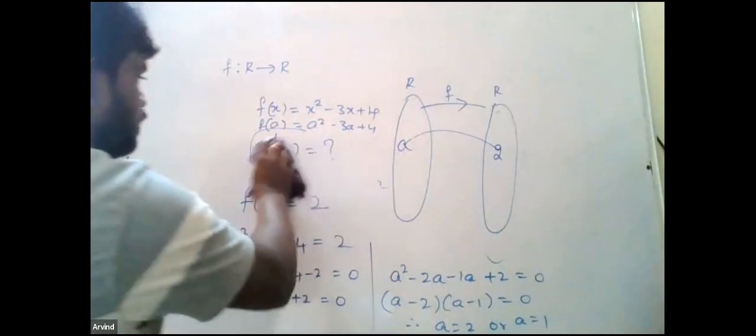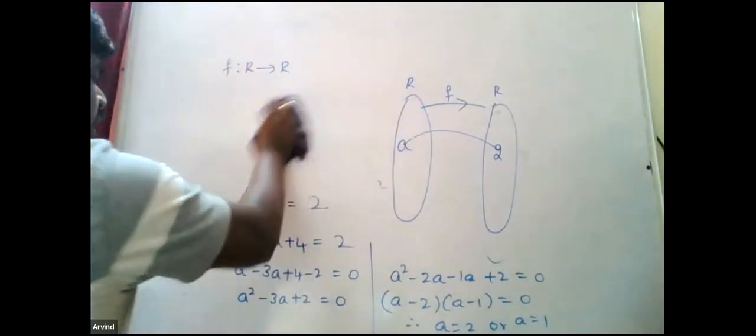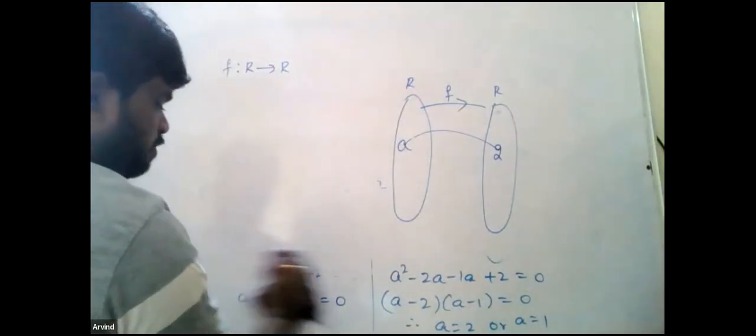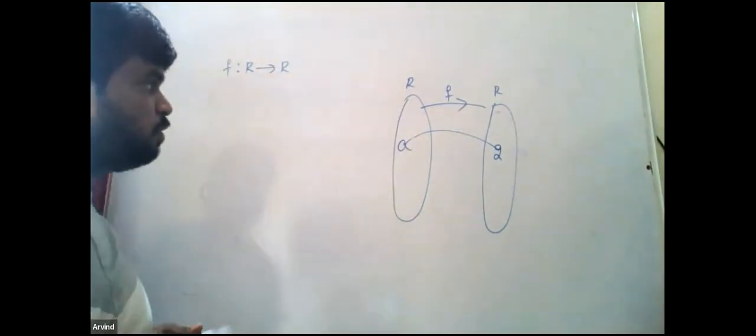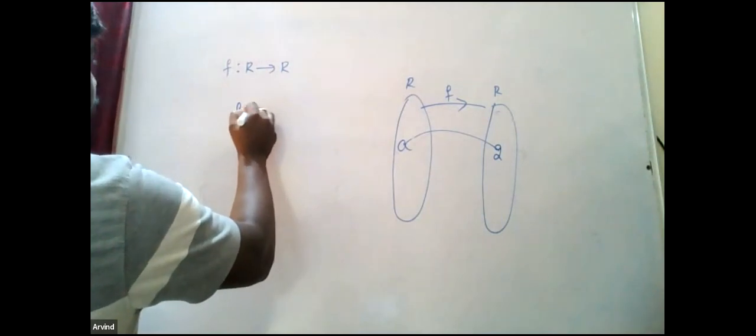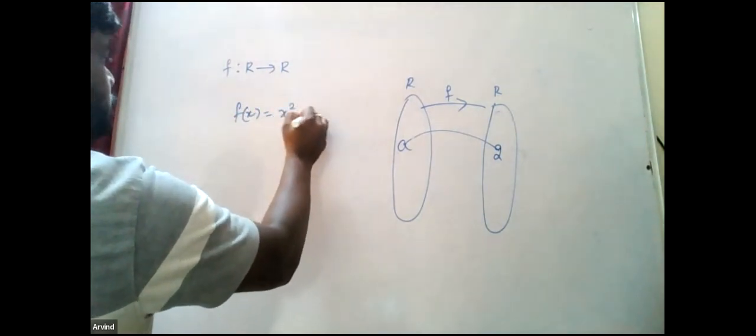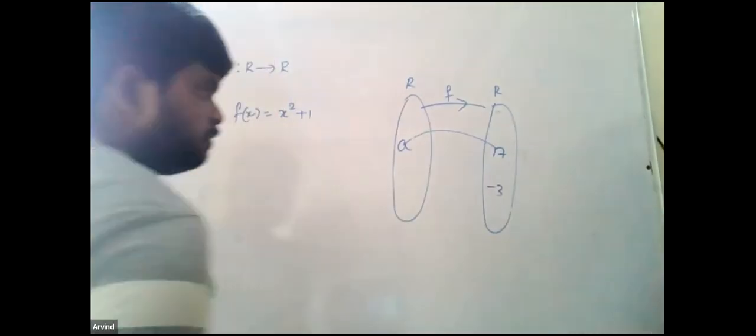Okay, let me stop sharing. So the same stuff. f is a function from R to R such that f of x is equal to x square plus 1. Here instead of 2 there is 17 and minus 3.